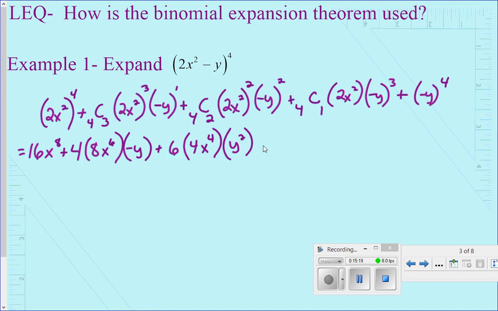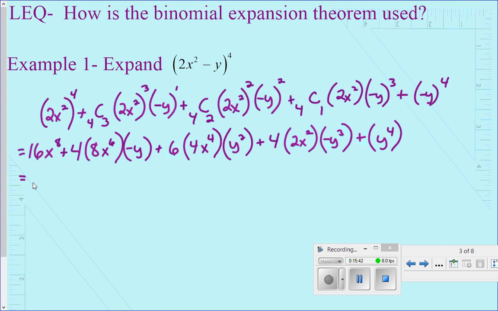Next, 4C1 is 4, or you can look at it, the mirror image, which we already got there, 4, times 2x squared, times negative y times negative y times negative y gives us negative y cubed. And lastly, negative y times negative y times negative y times negative y, that's going to give me positive y to the 4th. So let me just clean up those couple terms.